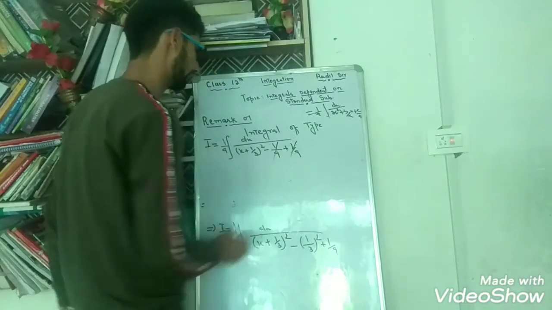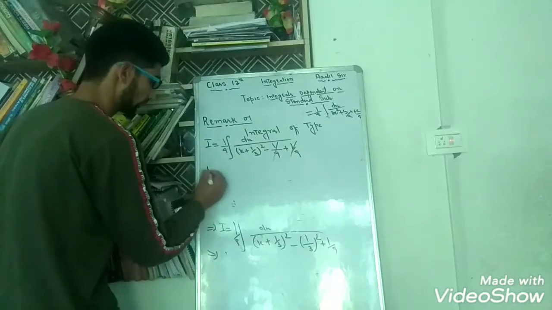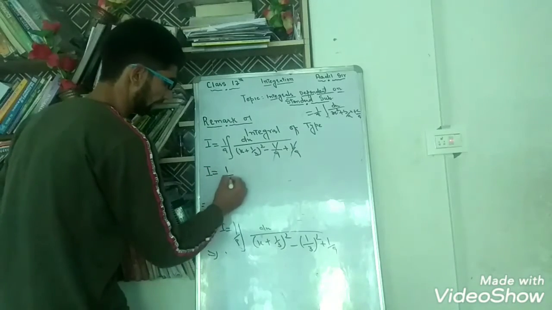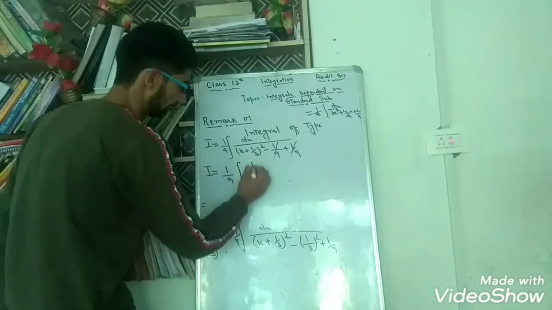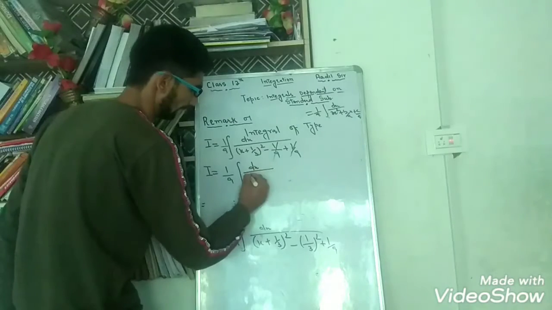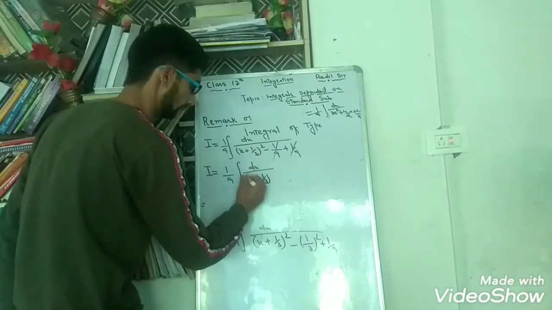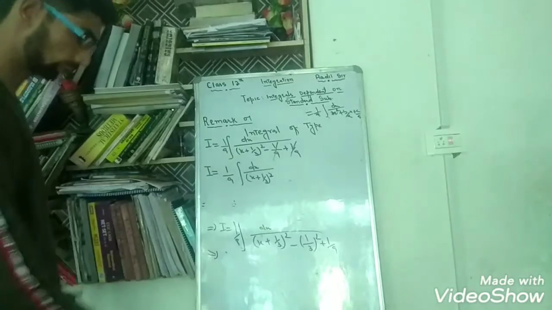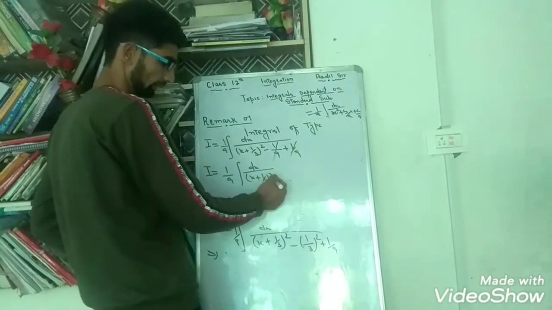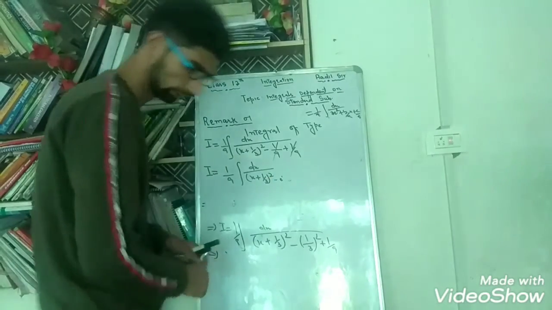This one and this one will get cancelled. I is equal to 1 divided by 9 integral of dx divided by x plus 1 divided by 3 whole squared plus minus 0 squared, which is 0.